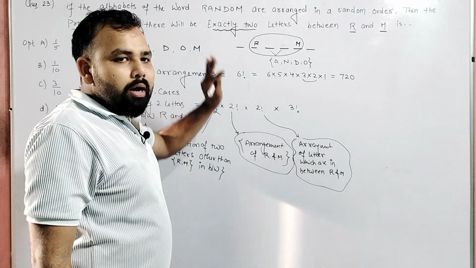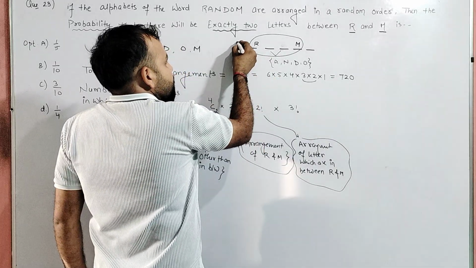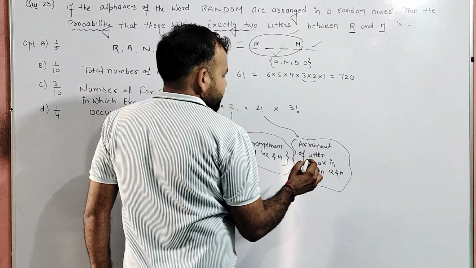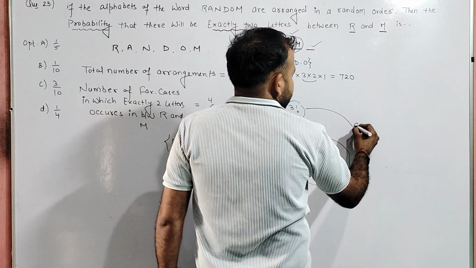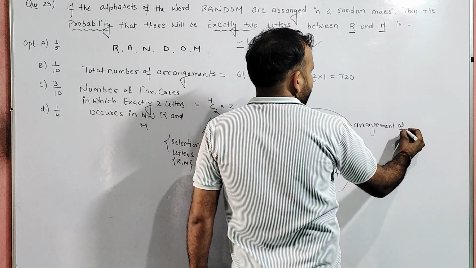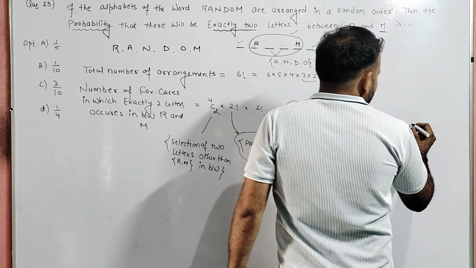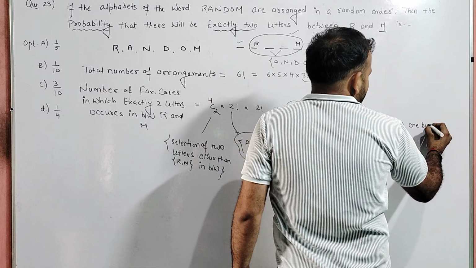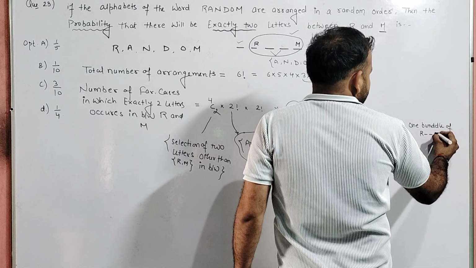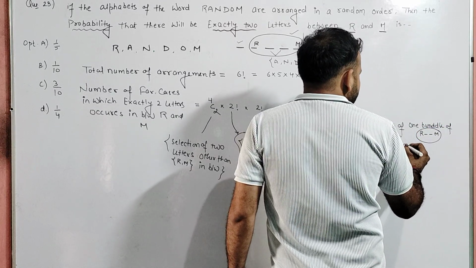So overall we need to arrange these three positions. First, this whole is a single bundle, second, and this one is third. So this is 3 factorial, the arrangement of one bundle of R dash dash and M and 2 remaining positions.